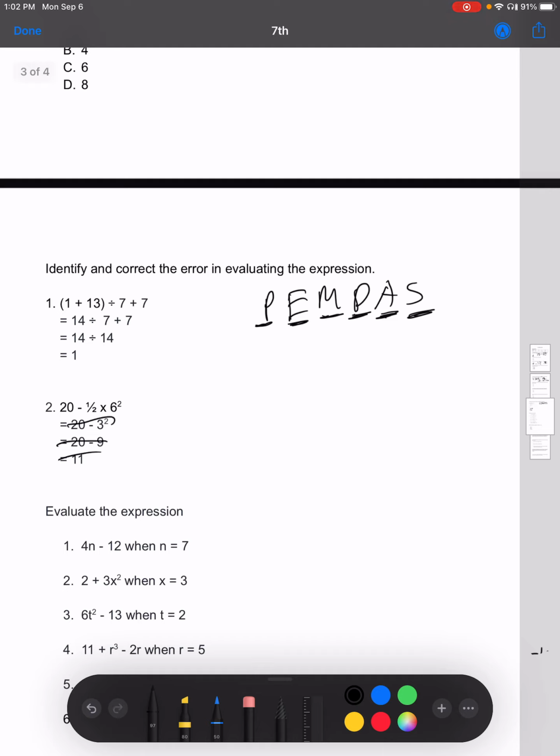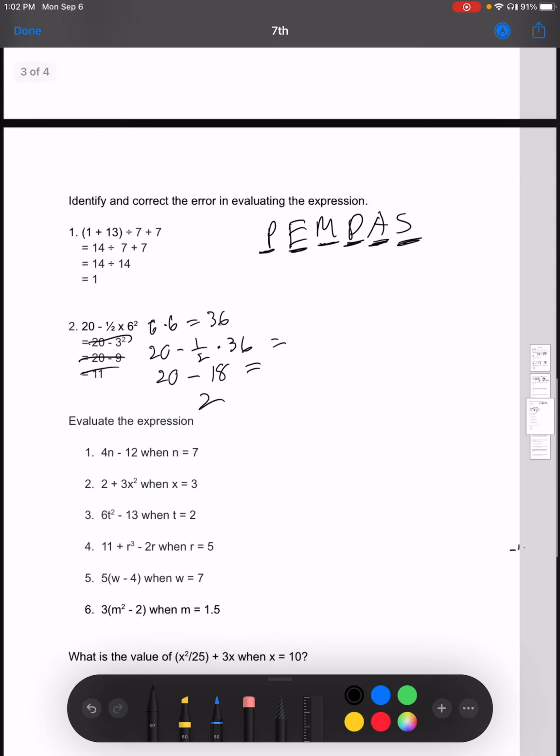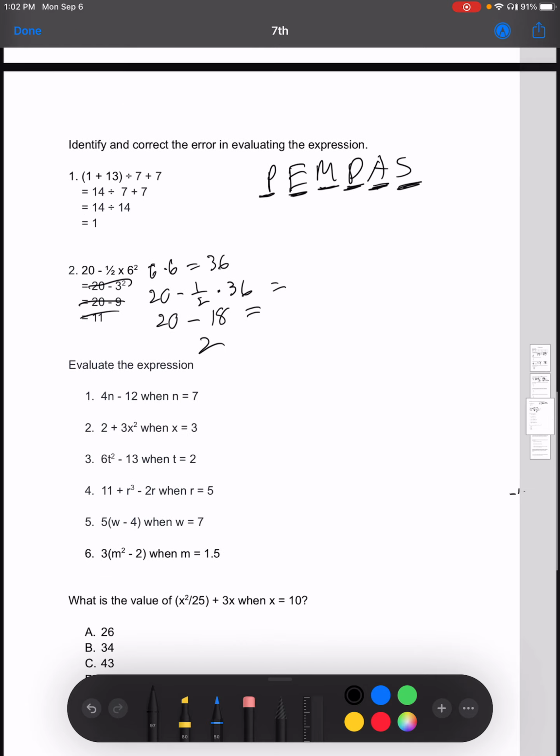So what we do instead is simplify this exponent, which is just 6 times 6, or 36, to get 20 minus 1/2 times 36. We multiply before we subtract to get 20 minus 18, and that will just be 2. There we go. Remember to follow your order of operations.